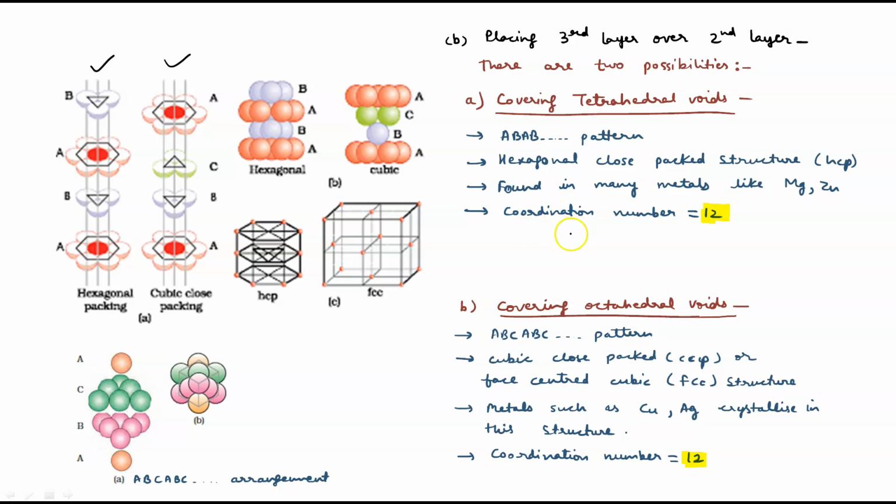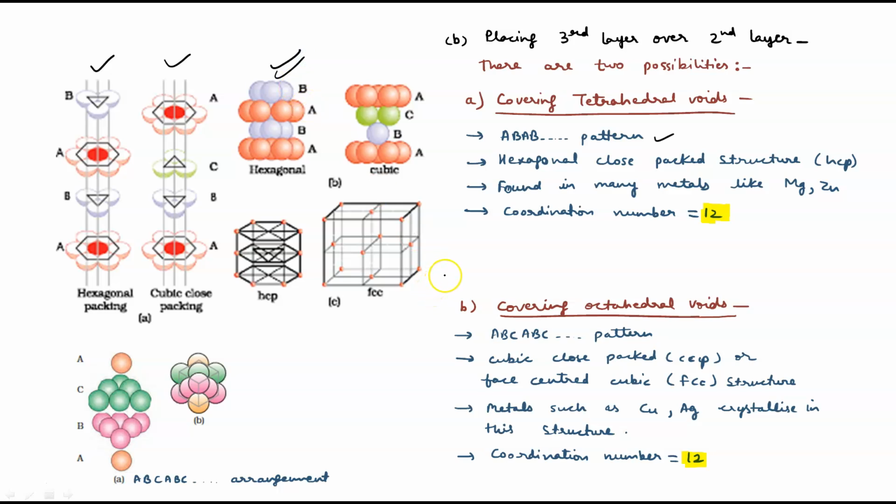In this diagram you can see the AB pattern. Tetrahedral voids of the second layer may be covered by spheres of the third layer. You can see in this case, spheres of the third layer are exactly aligned with those of the first layer.